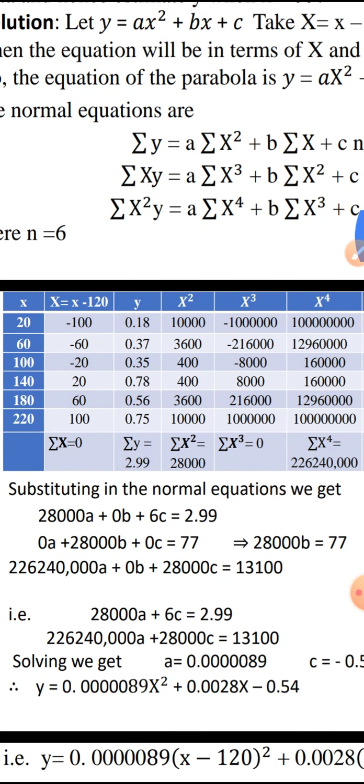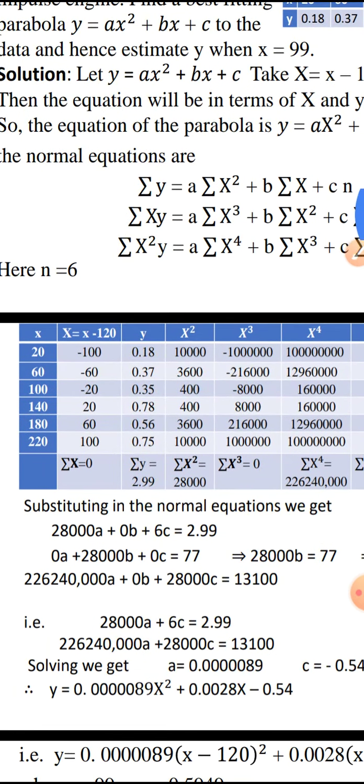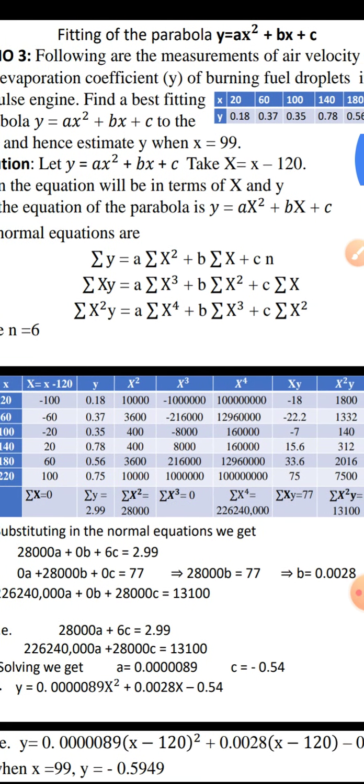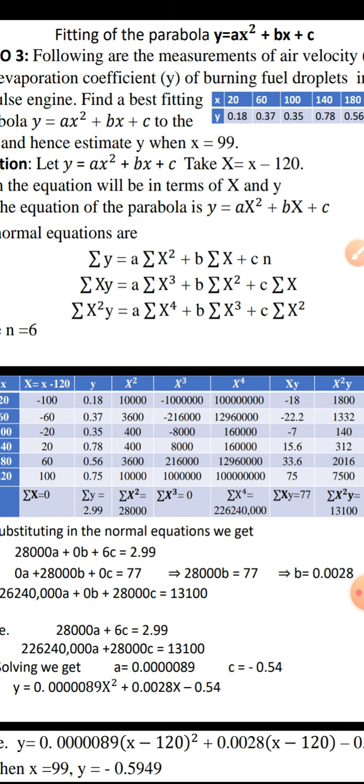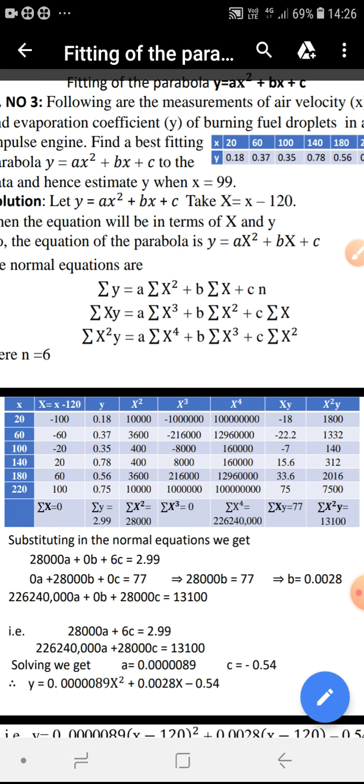Once you get all the remaining entries, then you can find the sums needed in the normal equation: summation capital X, summation small y, summation capital X square, summation capital X cube, summation capital X power 4, summation capital X into small y, summation capital X square into small y. Once you get these sums, then put the values of these sums in the normal equations.